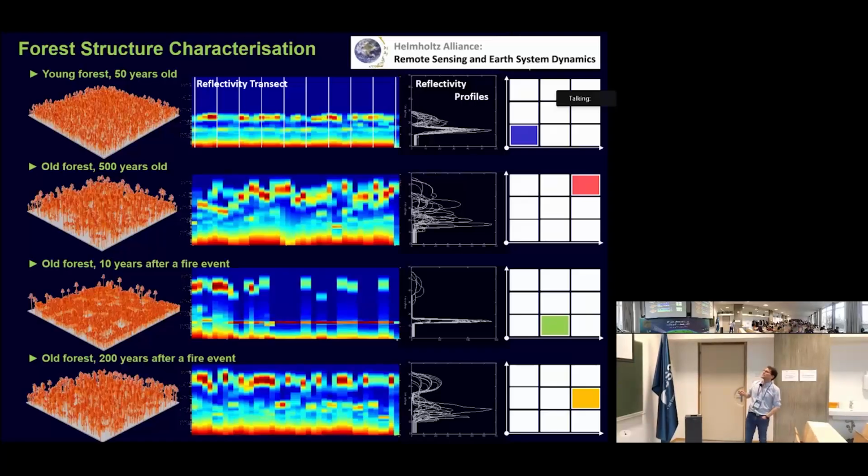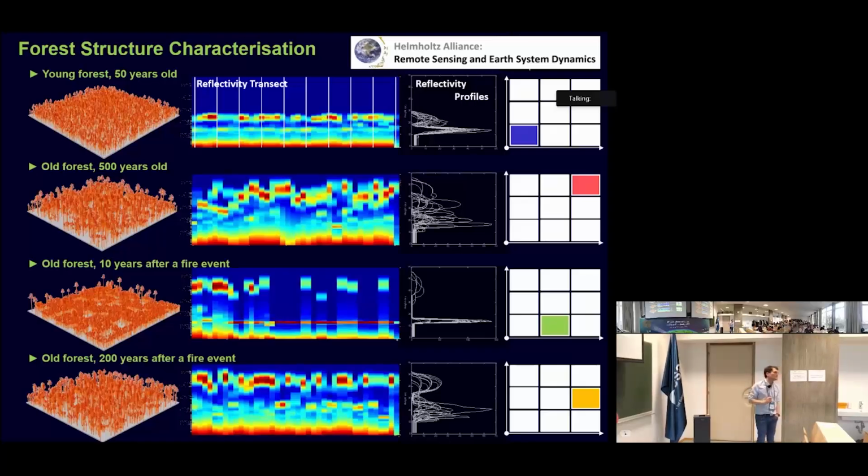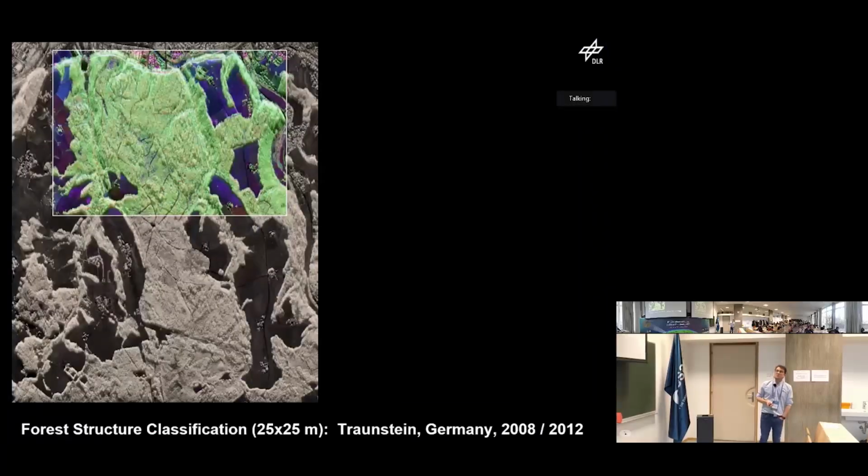In this case, you discriminate through the vertical structure, but not through the horizontal one. And between these two cases, vertically they look the same, but horizontally they are different. So still you have this ability. It works also on real data.